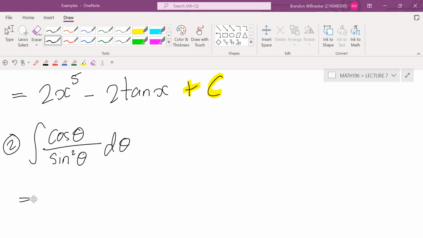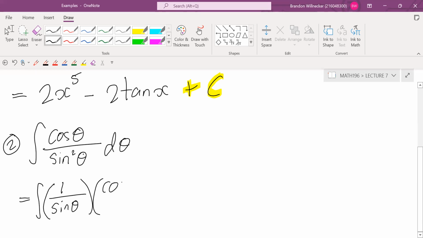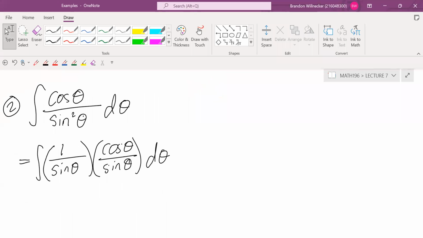So we have the integral of cos theta over sine squared theta. We can do a bit of manipulation here. We can write this as 1 over sine theta, and then cos theta over sine theta d theta. We just separate it out. Now, why did I do that?